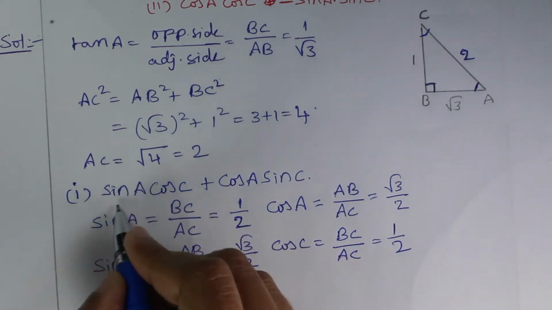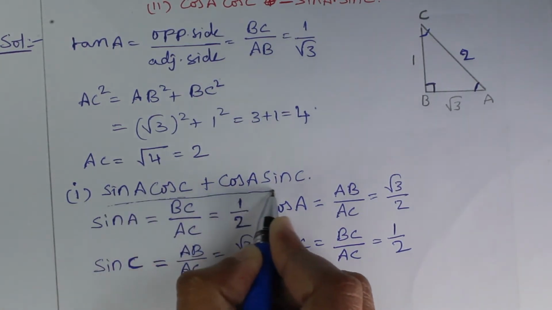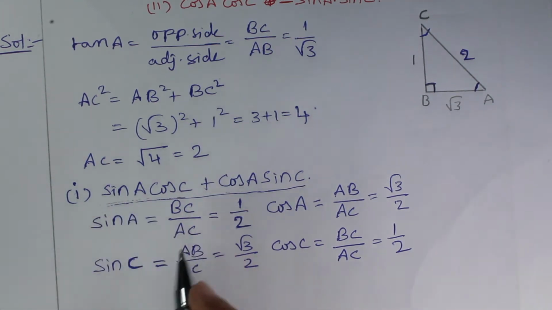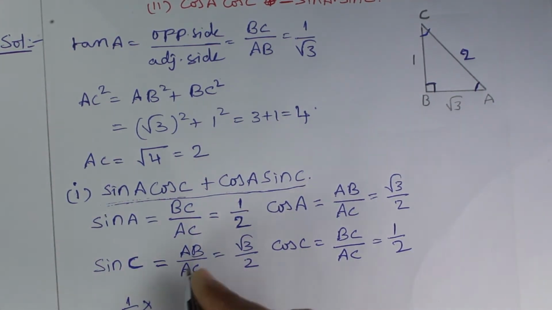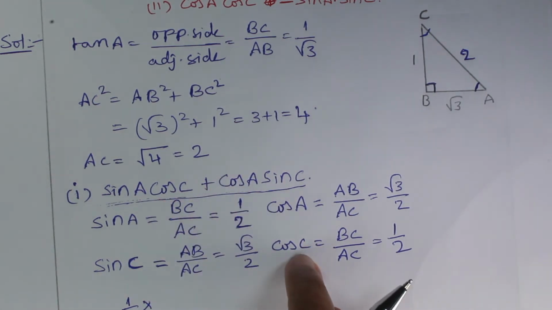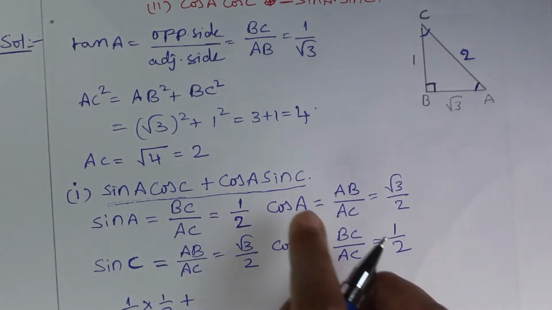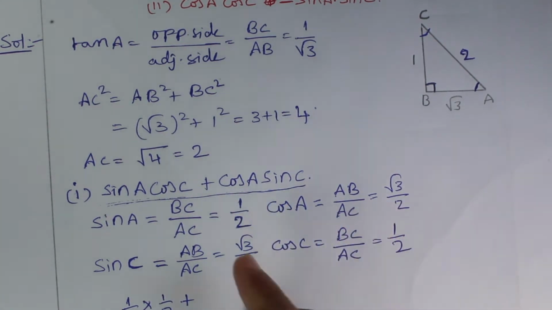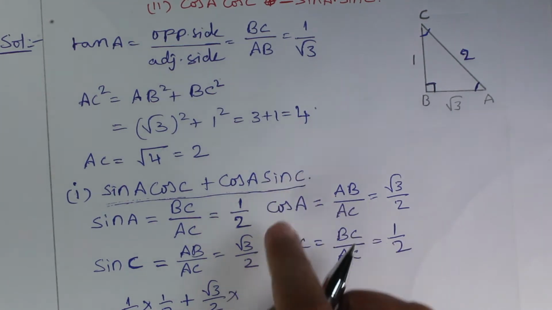Now we will substitute it in this equation. Sin A is 1 by 2 into cos C is 1 by 2 plus cos A is root 3 by 2 into sin C is root 3 by 2.